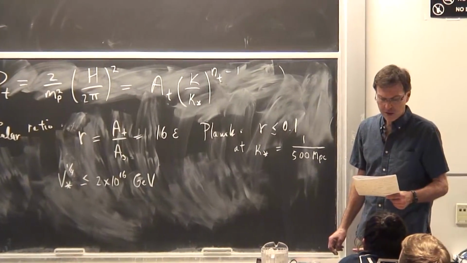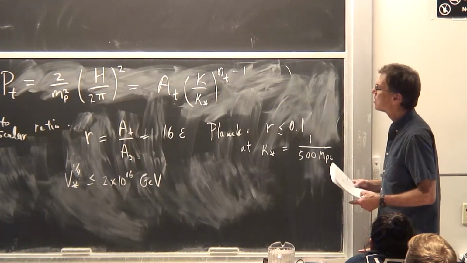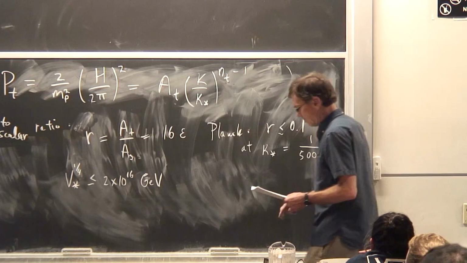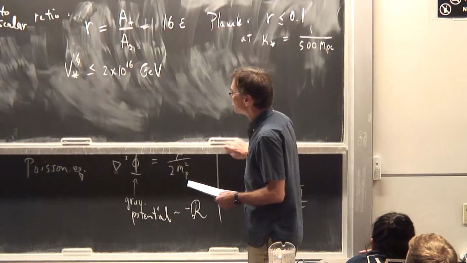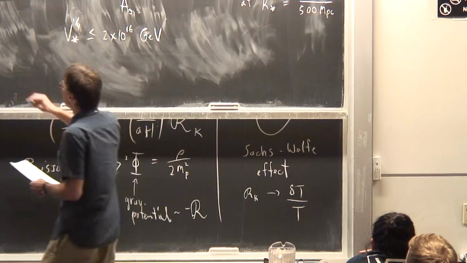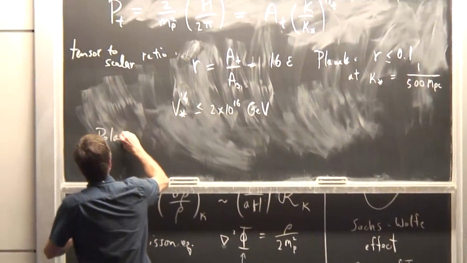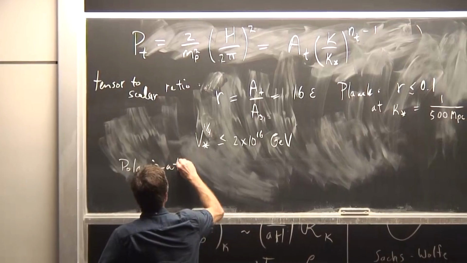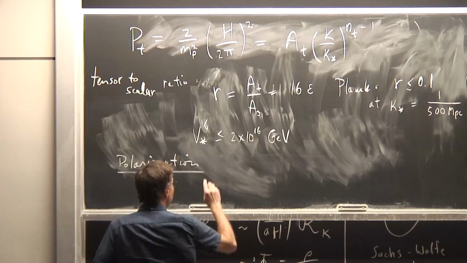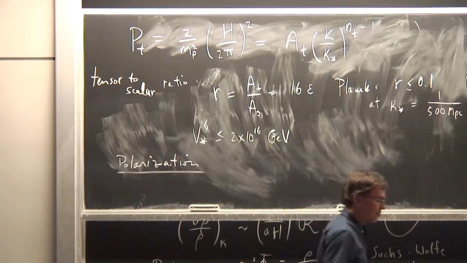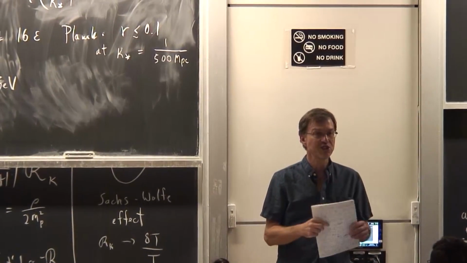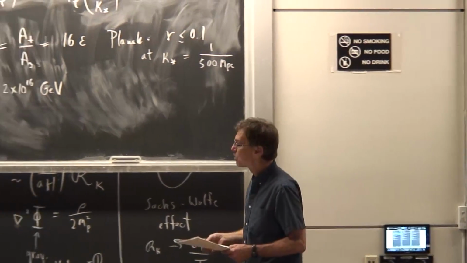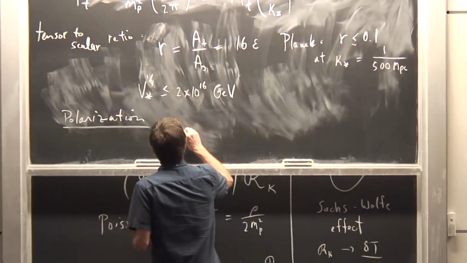So one other thing before I show what these constraints look like, I also just want to mention briefly polarization. We don't really have time to go into any details, but you probably know that Planck measures not only the magnitude of the temperature fluctuations, but also their polarization.